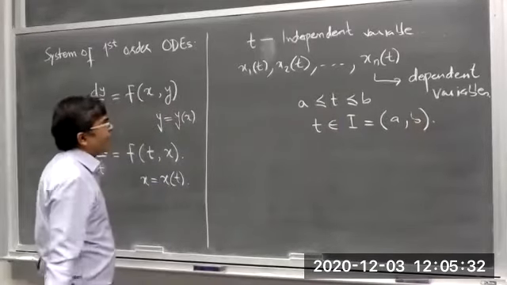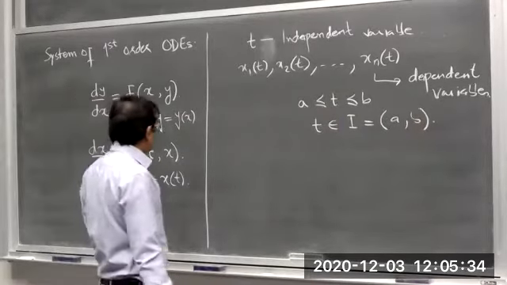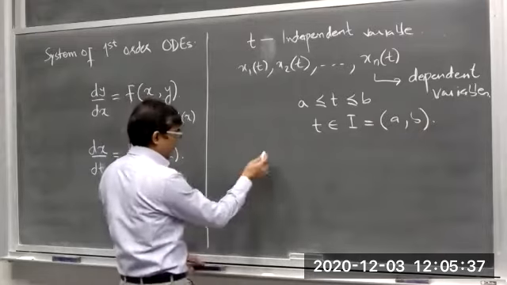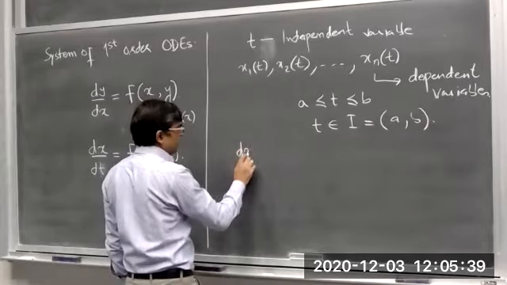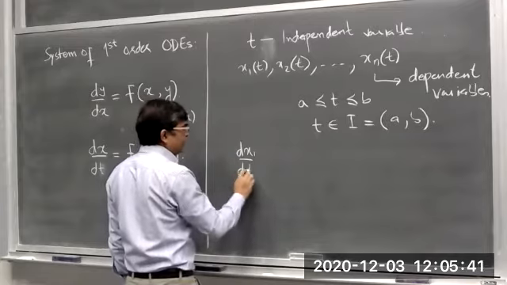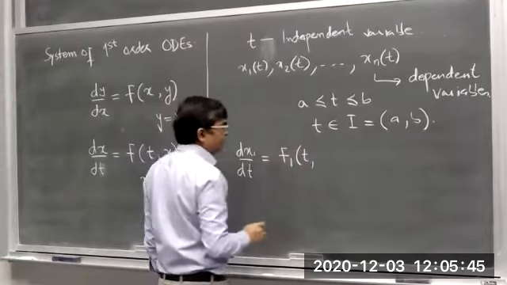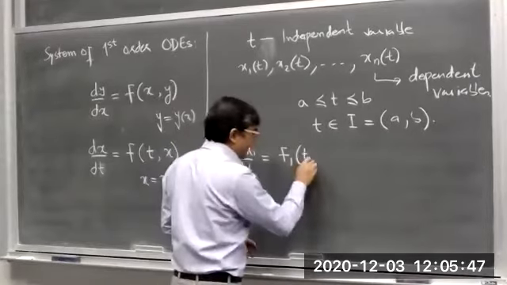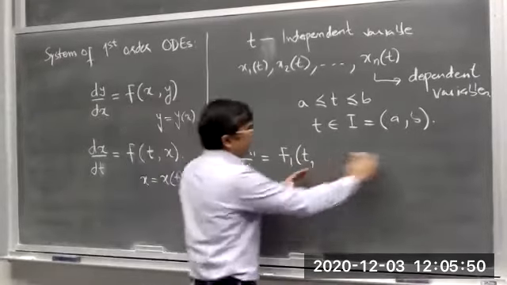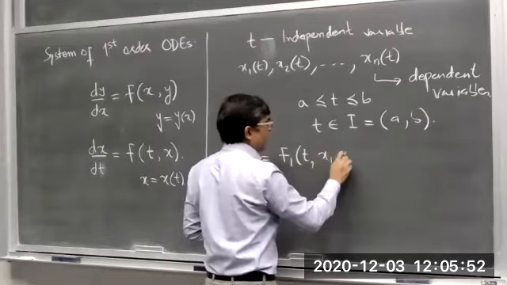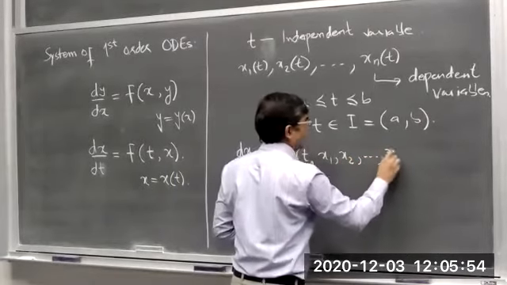Then we can define a system of first order ODE in this form: dx1 by dt is equal to some function f1 of t, the independent variable, and all the dependent variables x1, x2, and so on, xn.